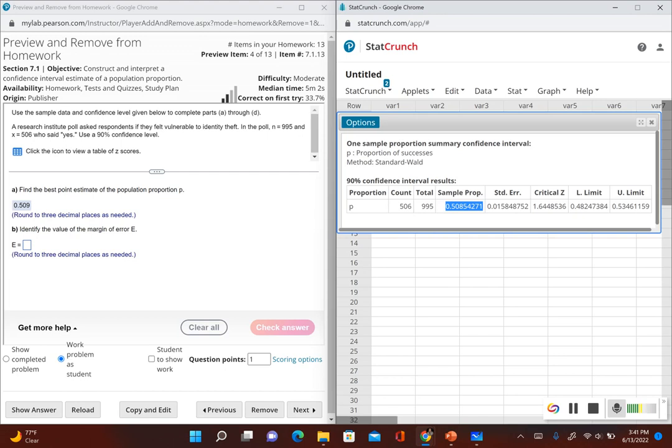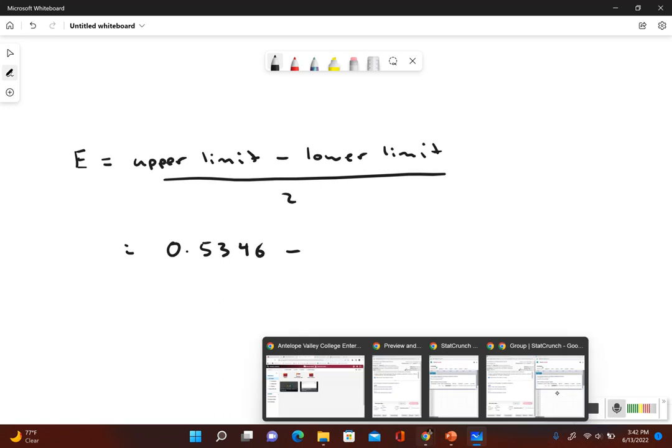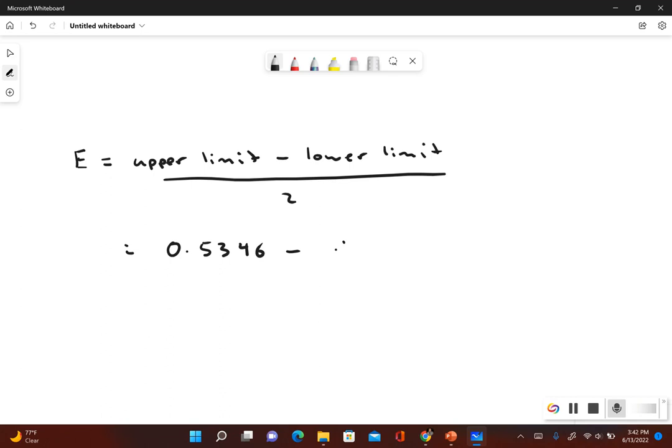So we have 0.5346, and subtract then the lower limit. Lower limit 0.4825. And then we're going to go ahead and divide that by 2.